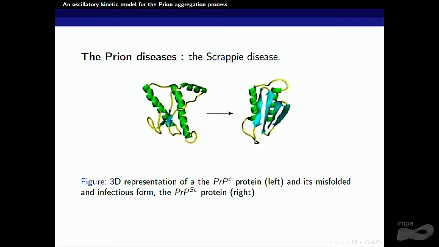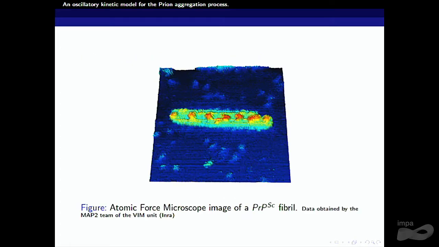So the scrapie disease is caused by the PrPC protein, which transforms into an infectious form of the protein, the PrPSc. And this is the 3D conformation of the PrPSc. Afterward, the PrPSc will start to aggregate, to polymerize, and form fibrils.